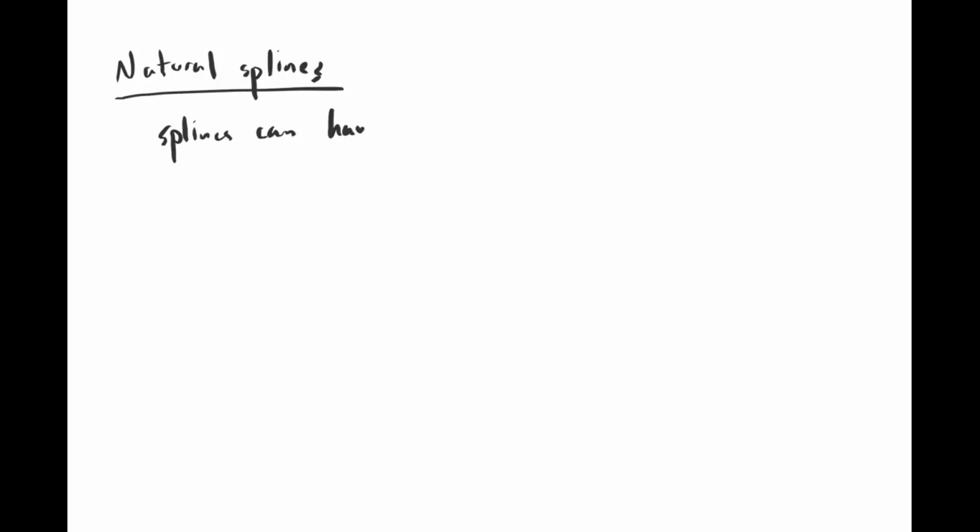Let's talk about specific types of splines that people use. So we have what's called natural splines. Splines can have high variance in the outer range of predictors.